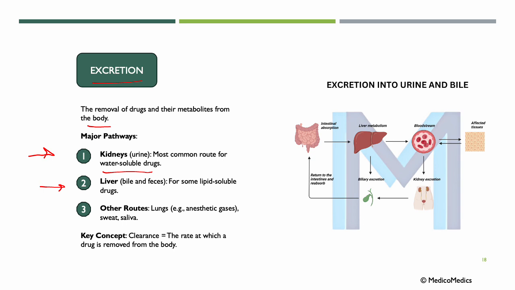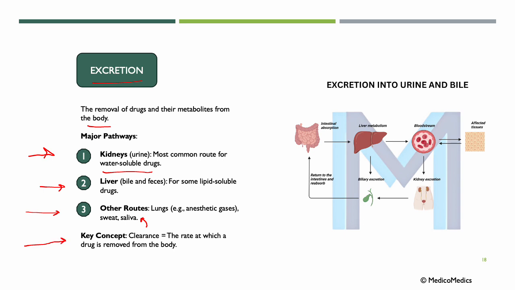Other less common pathways include the lungs, for example, for volatile drugs like anesthetic gases, as well as sweat and saliva. Now, a key concept in relation to excretion is the concept of clearance.